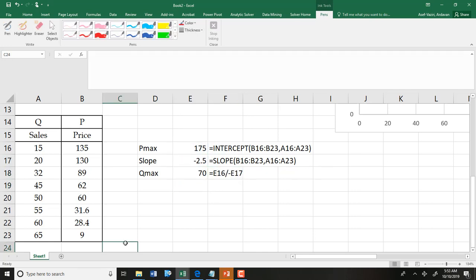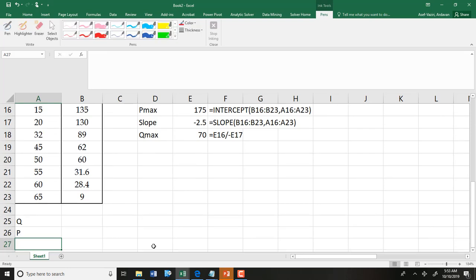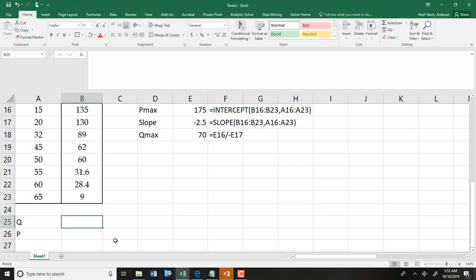So I'll go here. First, I define my Q, quantity. Then I go down and I define P. So if this is Q and we don't know how much it is, then P will be equal to Pmax plus slope multiplied by Q, and that is my price.